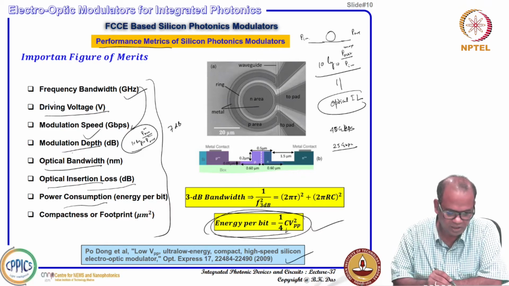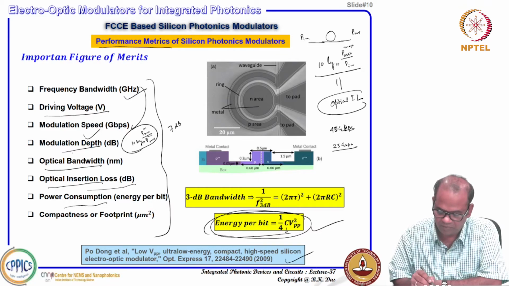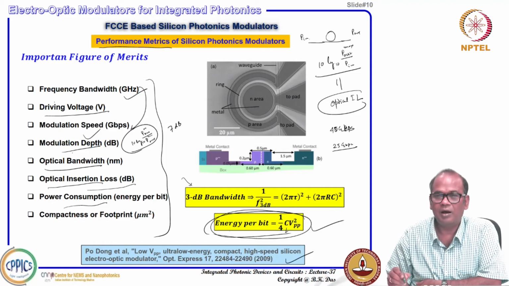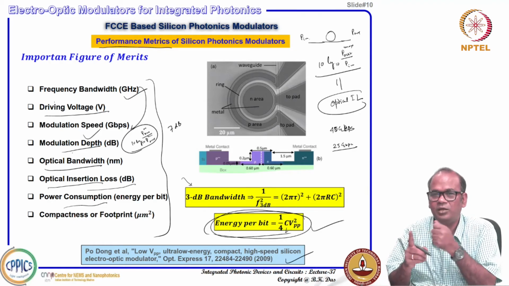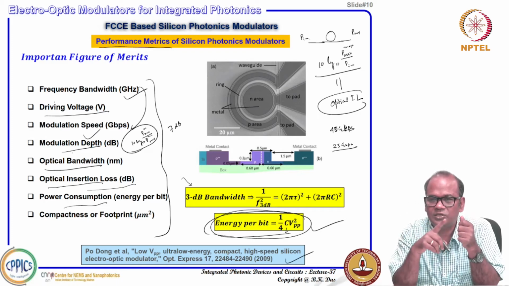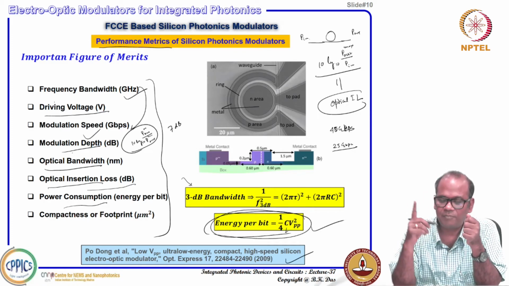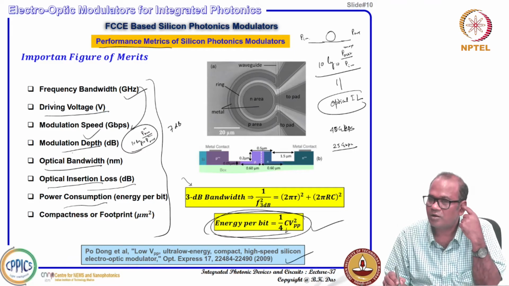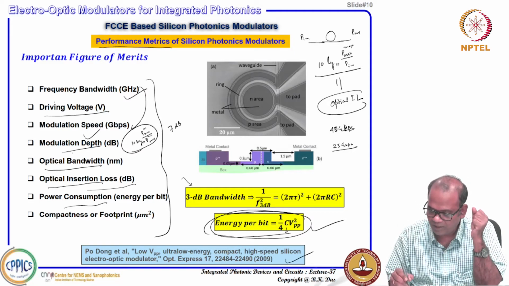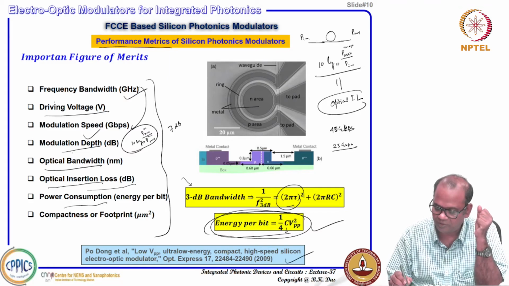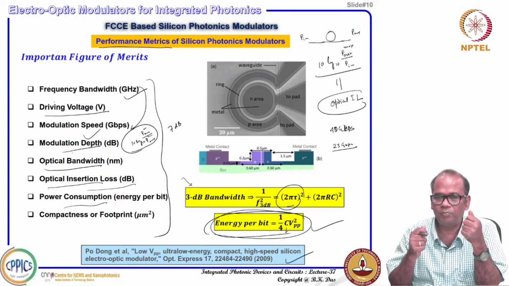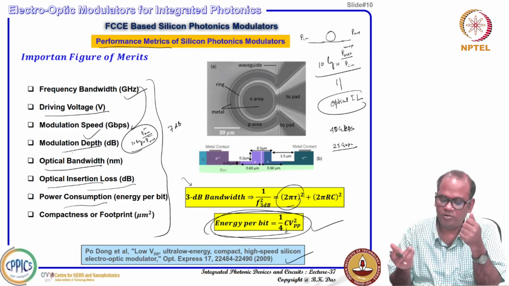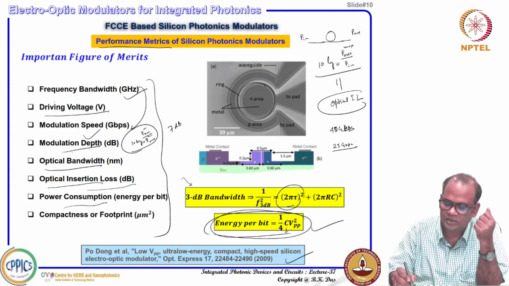Of course, the 3 dB bandwidth I mentioned actually has two components. One is the driving circuit: you have a series resistance in the modulator and then the capacitor, and that RC constant controls the bandwidth. Another is that if it is a ring resonator, you have off resonance and on resonance. On resonance means light is stored inside the cavity.